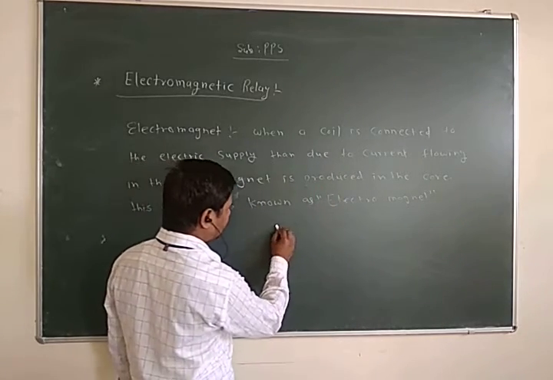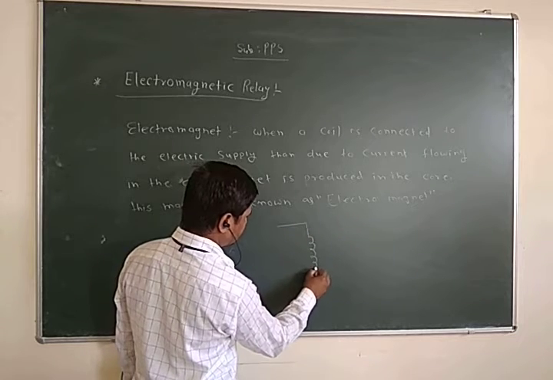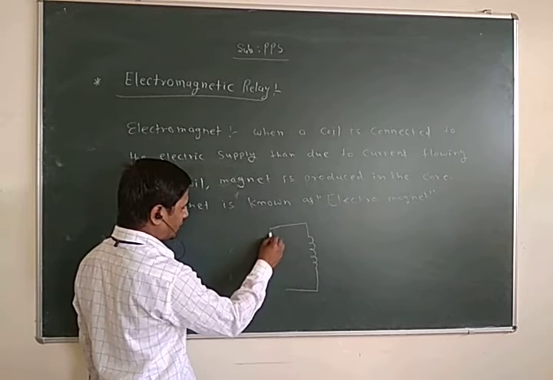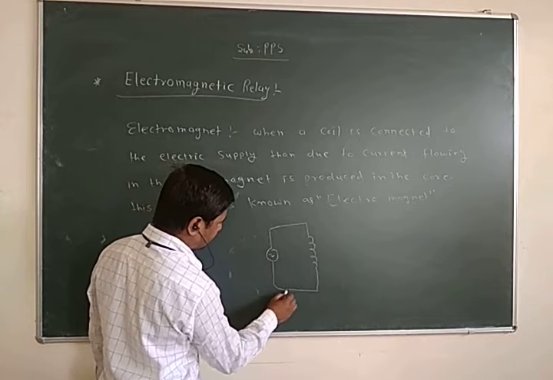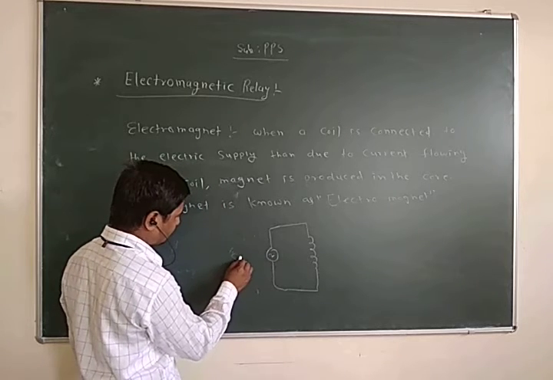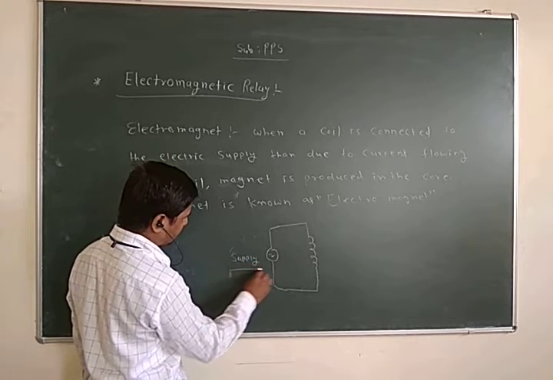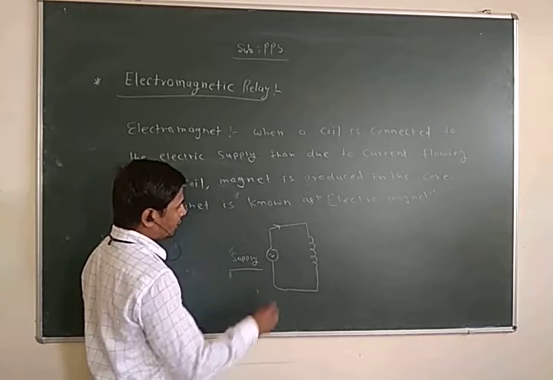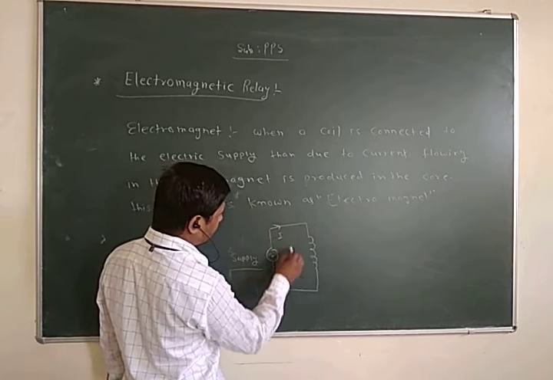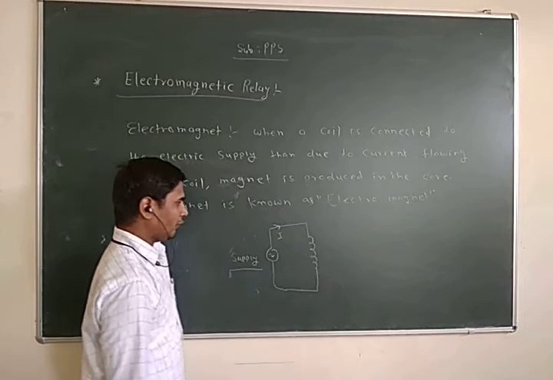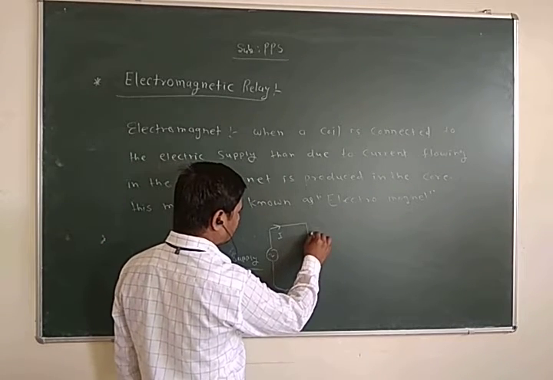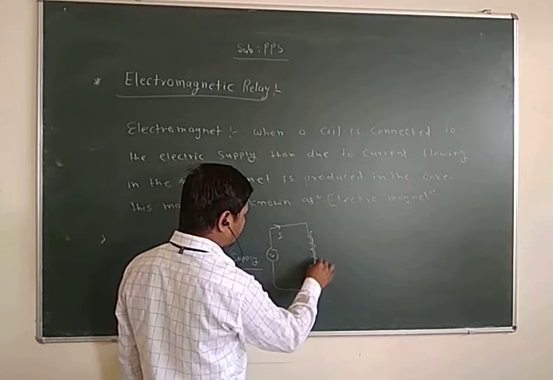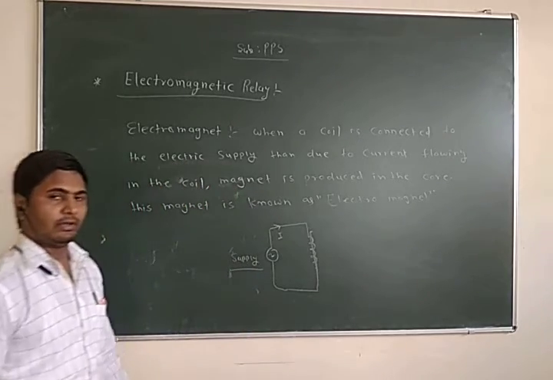Simply, if there is a coil and we connect this coil with the electric supply, then a current flows in the coil, due to which a magnet is produced in the core of the coil or in the air gap of the coil.